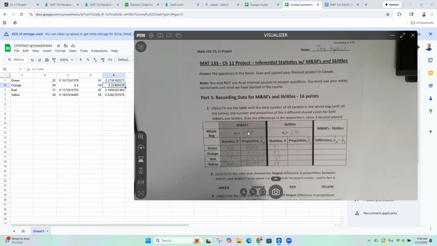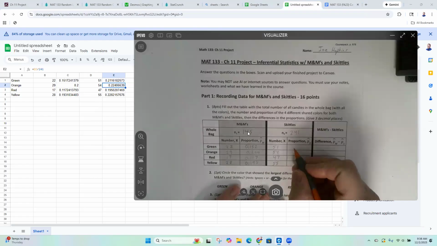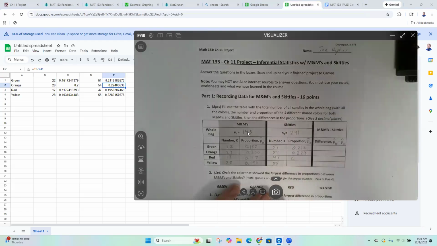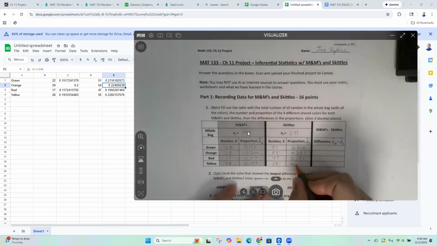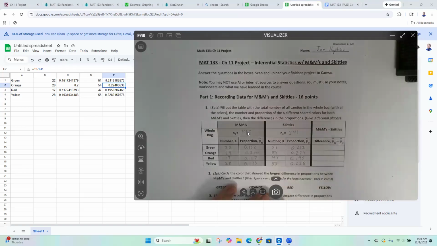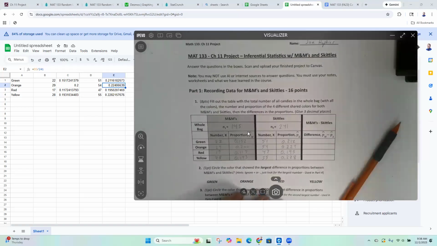All right, so my p hat for Skittles now is, okay, all right.